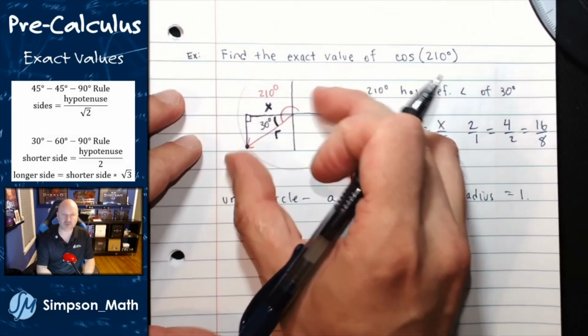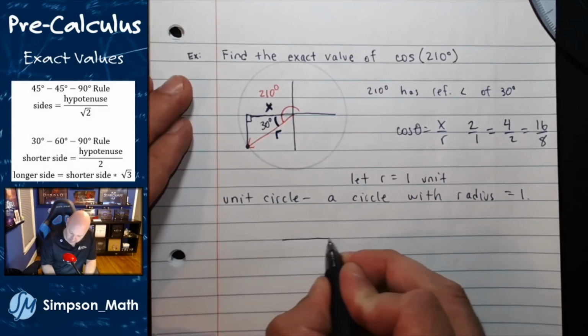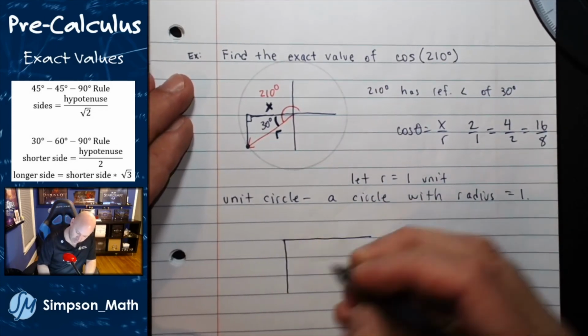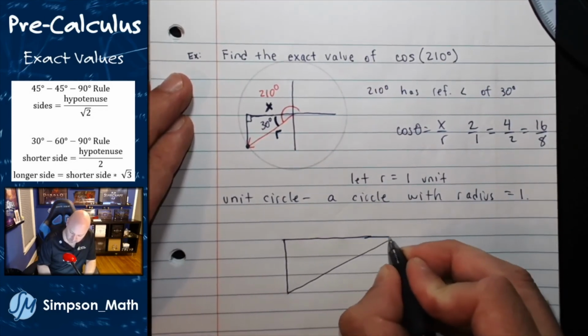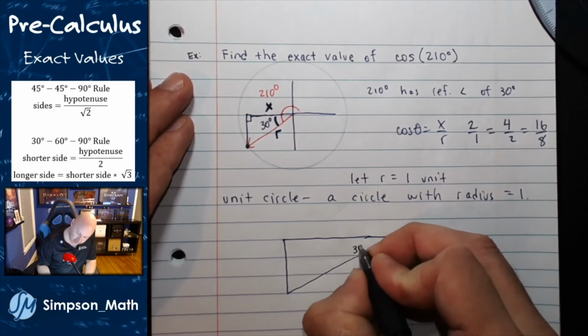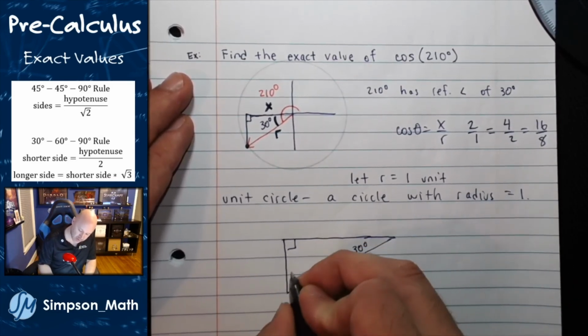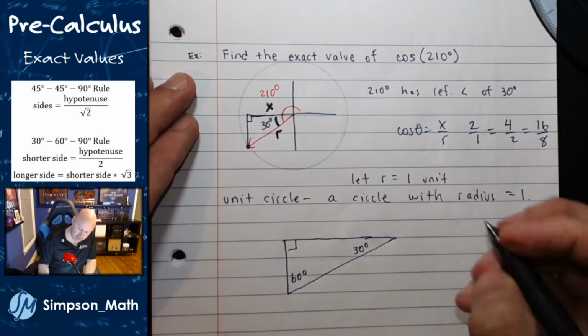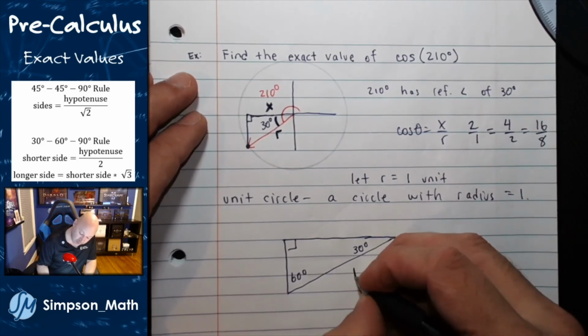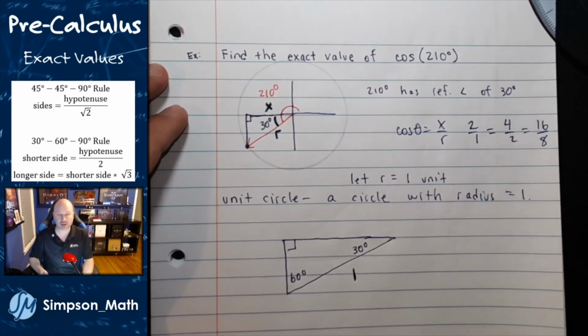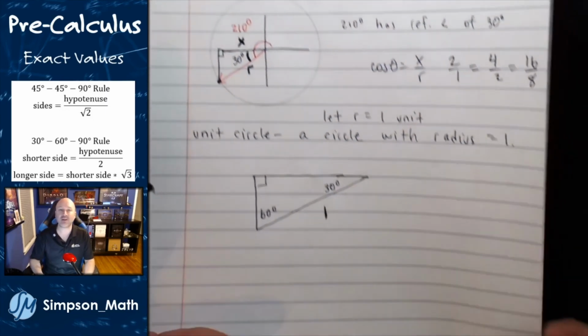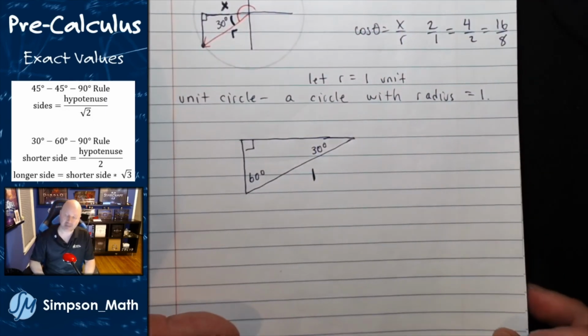In fact, let me kind of zoom in on that triangle. There's my 30-degree angle, there's my right angle, there's my 60-degree angle, and I'm letting the radius be 1 unit, and then I'm going to use the 30-60-90 rule to figure out the other two side lengths.